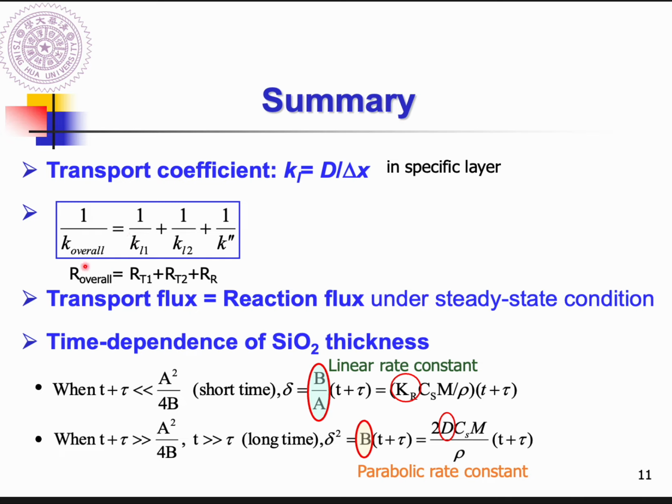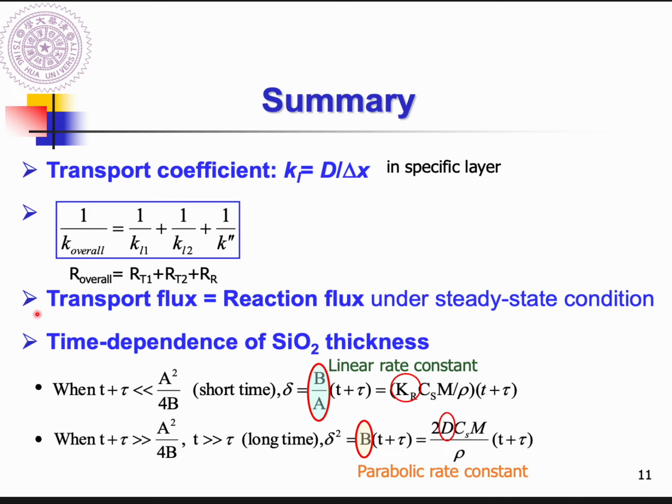So the overall resistance will be the summation of each layer. For example, the overall resistance, which is the reciprocal of K overall, equals the resistance in transport layer 1 plus the resistance in transport layer 2, plus the resistance of reactions.